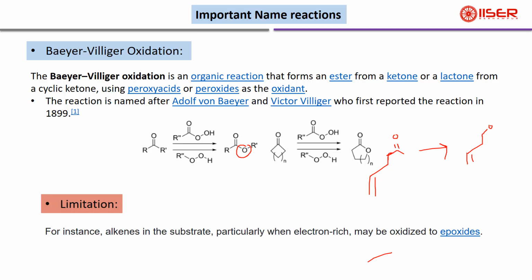But there is also a probability where this double bond gets oxidized, that is, this double bond gets epoxidized. So there will be a mixture of products. This is a limitation of this reaction. There will be a formation of an epoxide moiety. Okay, let's go to the next step.